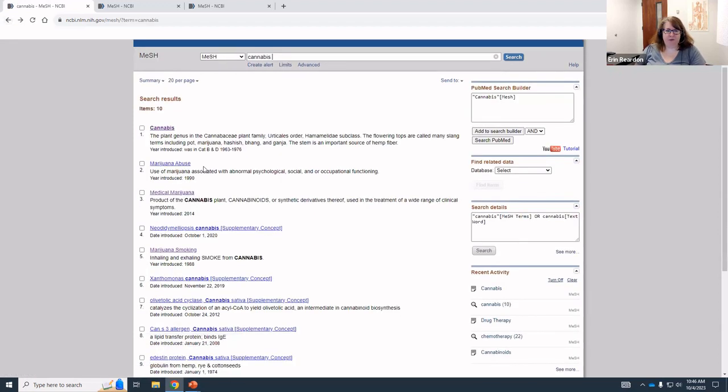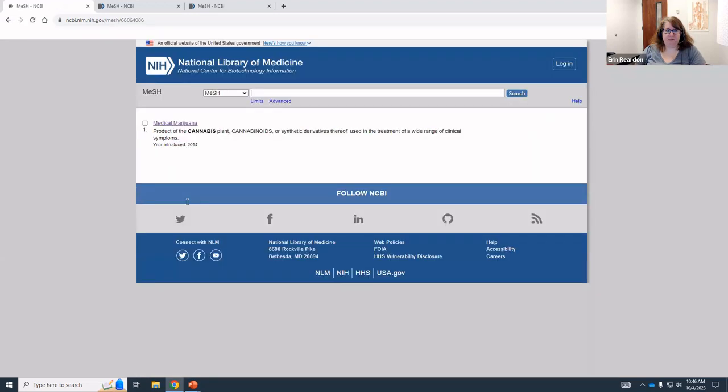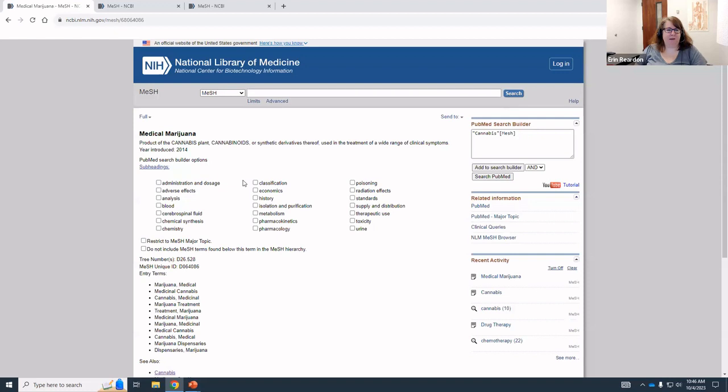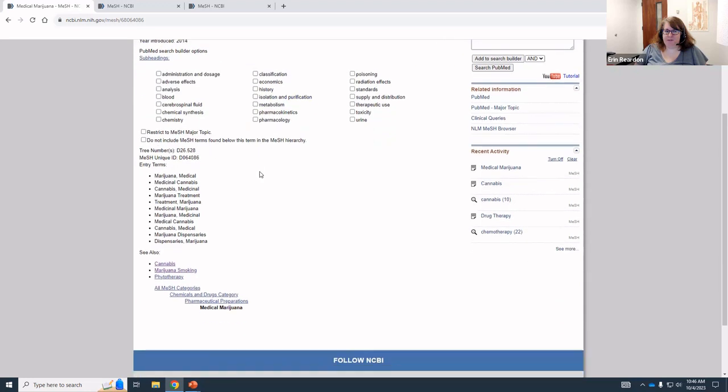If we go back to our search results, medical marijuana, what is happening? Okay. So we have this mesh term for medical marijuana. It's a product of the cannabis plant or cannabinoids. There's cannabinoids again, so I'm thinking we might want to use that mesh term too.